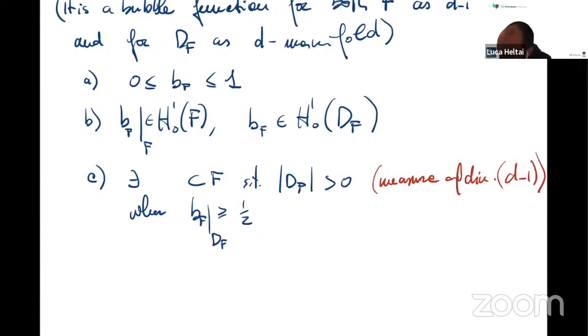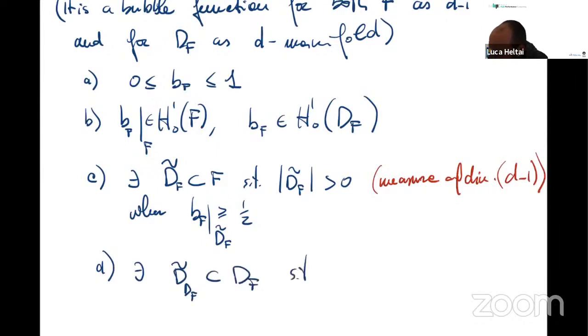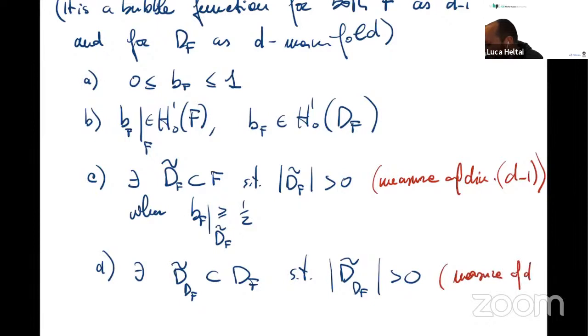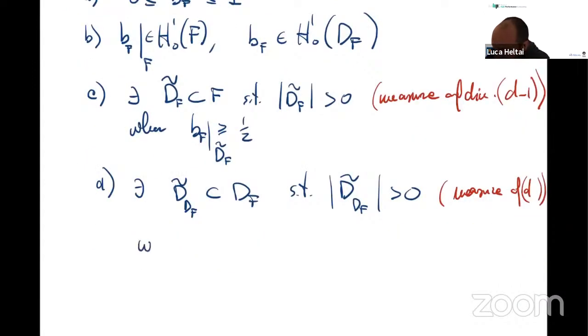Let me call this D tilde F. And there exists a D tilde DF included in DF, such that D tilde of DF has positive measure, and this is a measure of dimension d, where BF on D tilde of DF is greater or equal than 1/2.